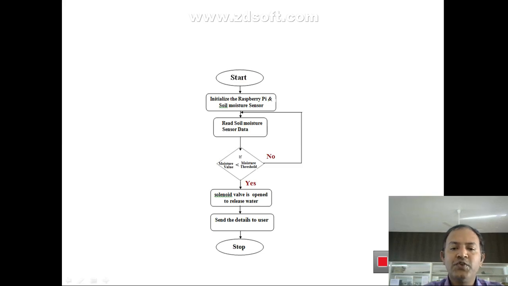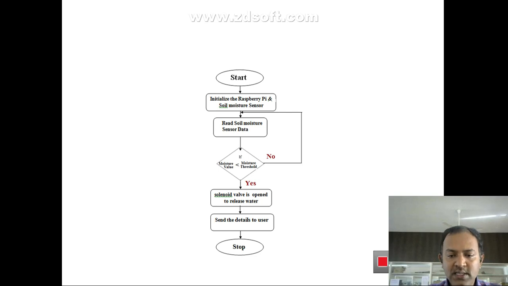This is the flow chart. Initialize the Raspberry Pi and read the soil moisture sensor data. If the value is lesser than your moisture threshold, it is checked again from the starting position and no water will be released.